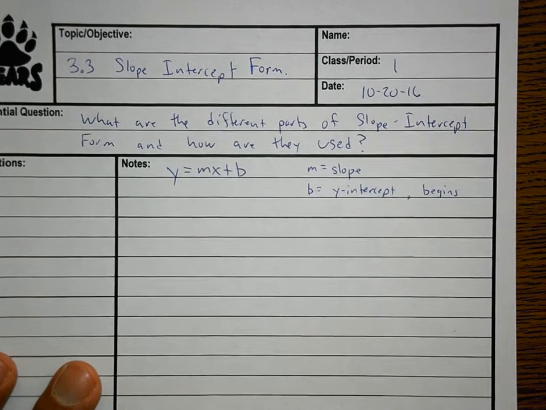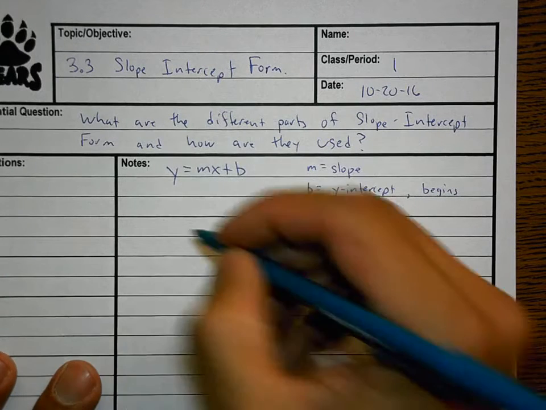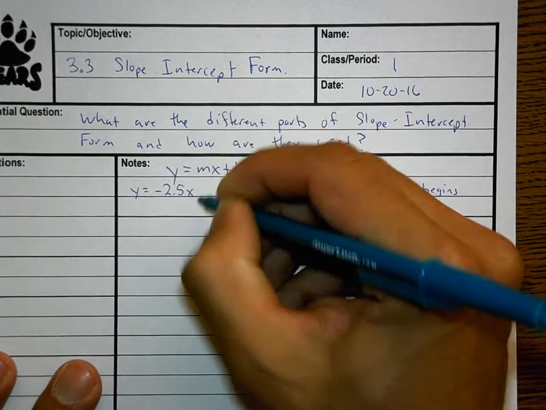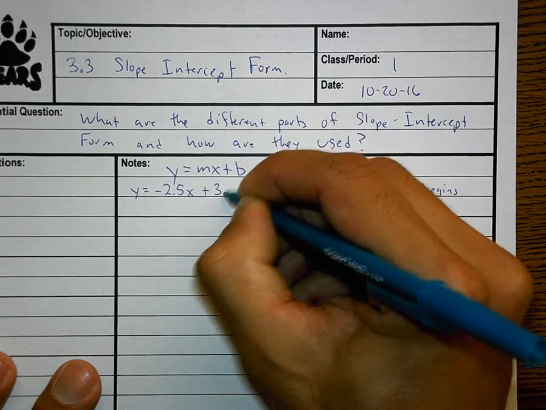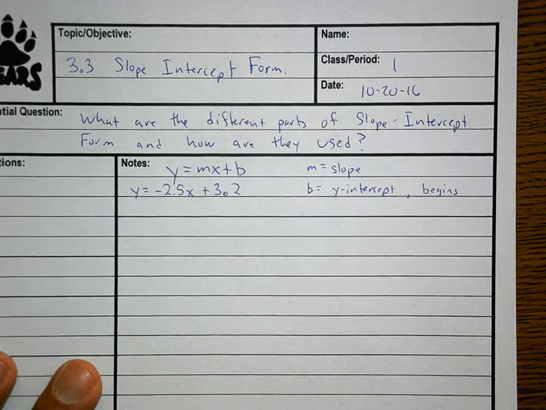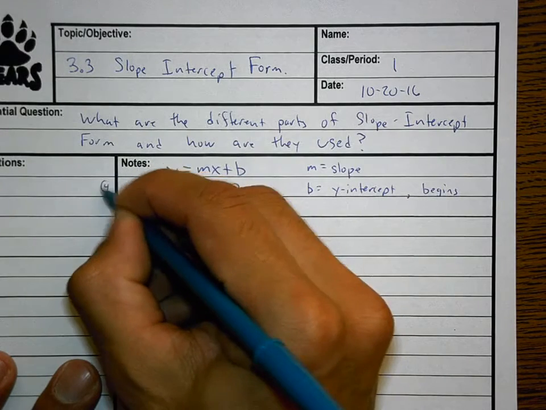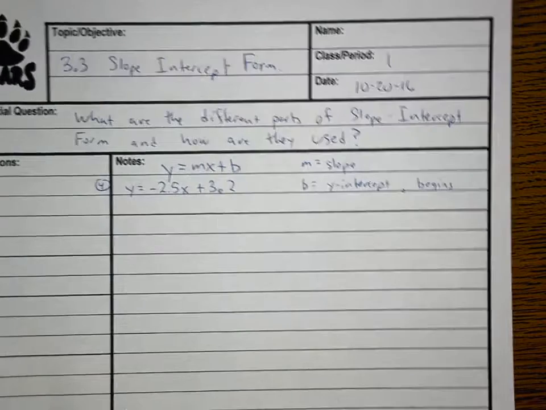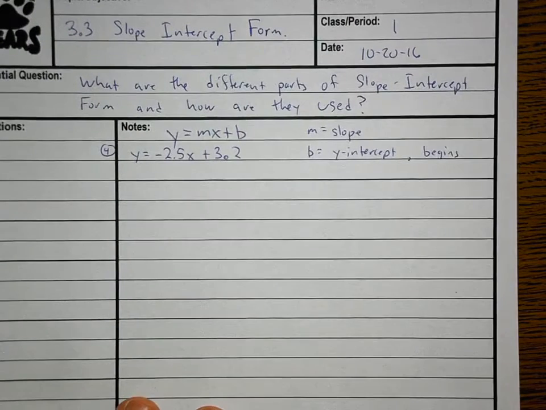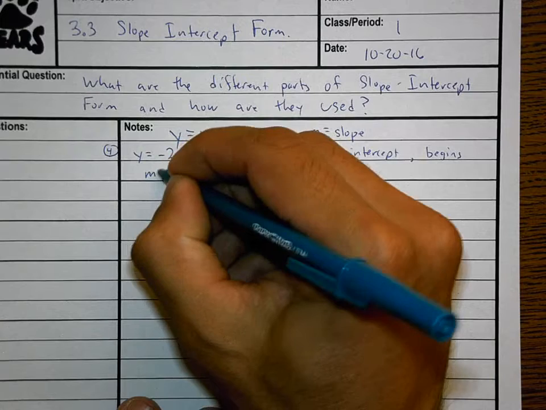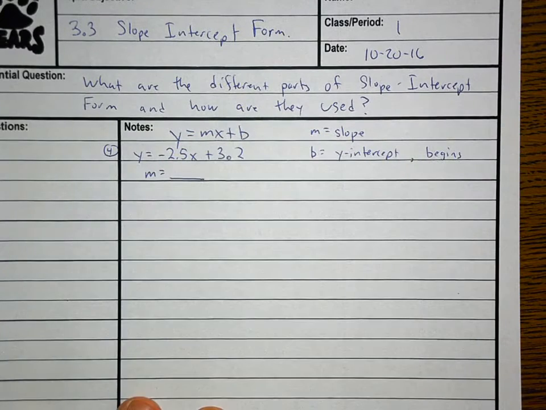So for example, if I said y equals negative 2.5x plus 3.2, I'm going to put a little 4 right here in a circle. I'm hoping you know what the slope is. M equals blank.